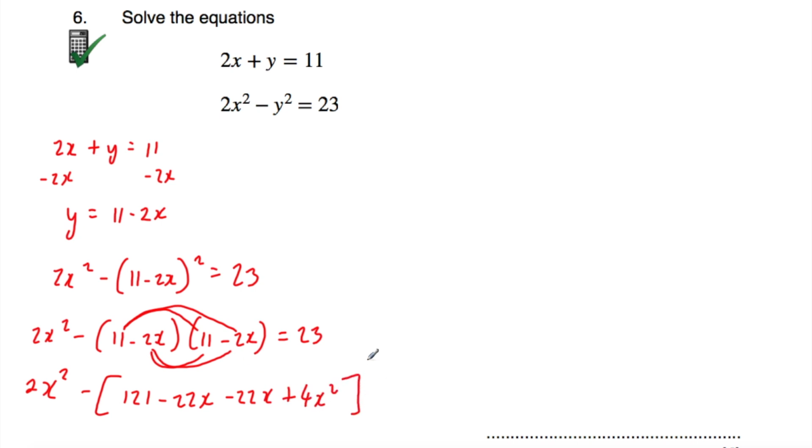And then close brackets, and that's still equal to 23. Now let's simplify this. So we're going to have 2x squared subtract, and then in our square bracket, 121 subtract 44x plus 4x squared. Close brackets. So that's simplifying the two terms with x's in the middle, and that equals 23.